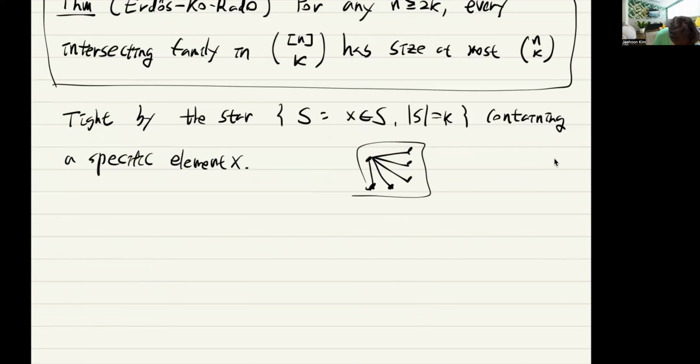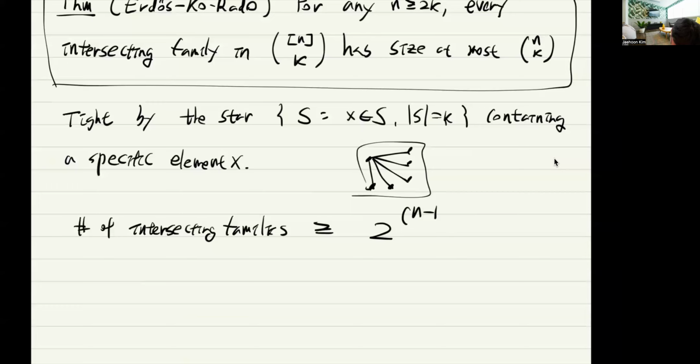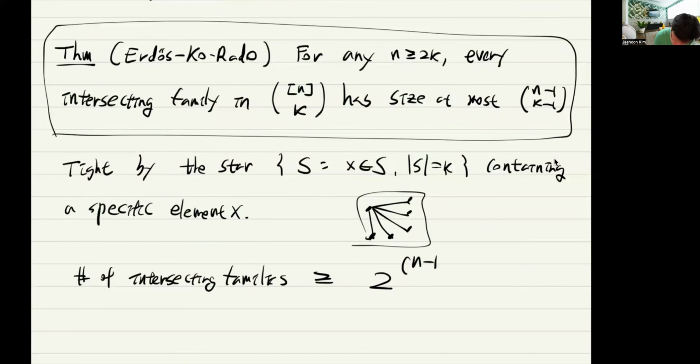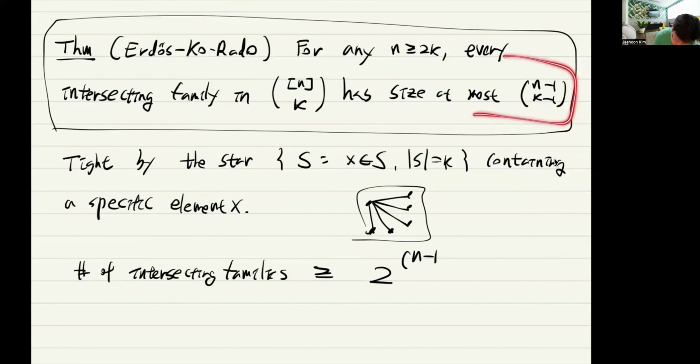And a trivial lower bound is on the number of intersecting families. One lower bound is 2 to the n−1 choose k−1. What did I write? Oh yeah, I wrote it wrong. Sorry. So this is the number.